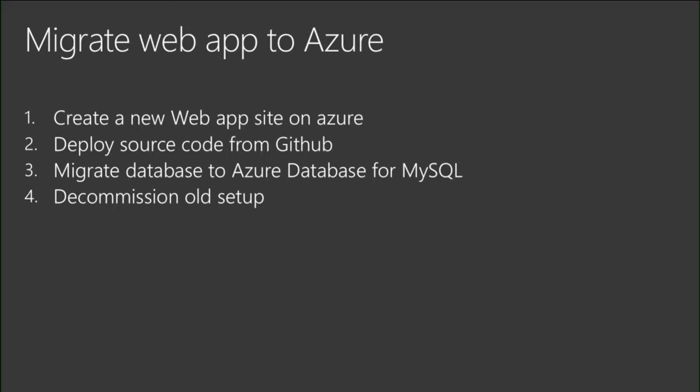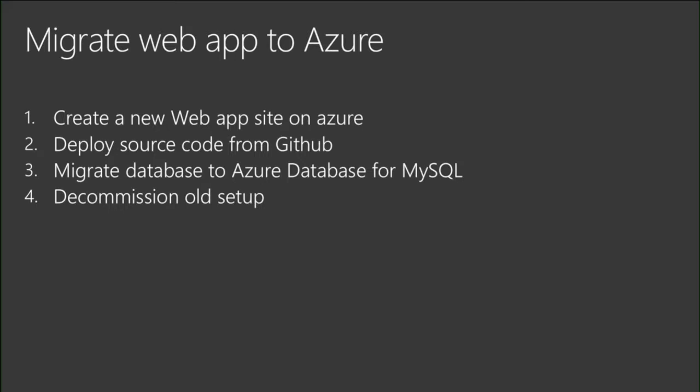And there are essentially 4 steps involved here. Your first step is to create a new web app on Azure. And then step 2, you're going to want to deploy your code to the web app that you just created on Azure. And then on the back end, you're going to want to migrate your database over from your on-prem database to Azure Database. And the last step is just decommissioning your old setup.